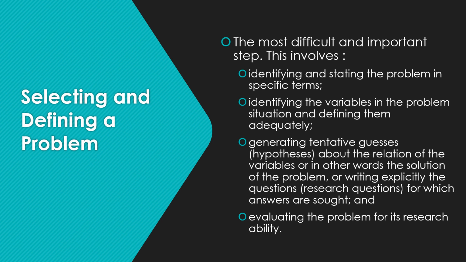Now this is the most difficult and important step, where it involves identifying and stating the problem in specific terms, and then you also need to identify the variables involved in the problem and define them, and then generate tentative guesses, hypotheses, about the relation of the variables, or in other words, the solution of the problem, and then you evaluate the problem for its researchability. So this is the most difficult step. Once you know the area, you need to select and also define the problem.